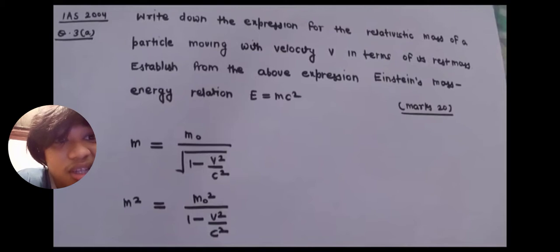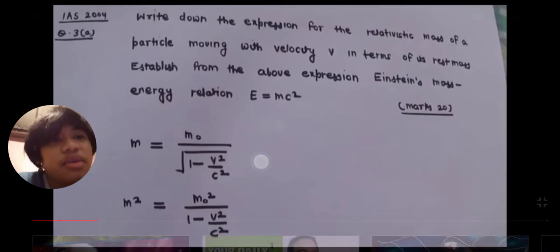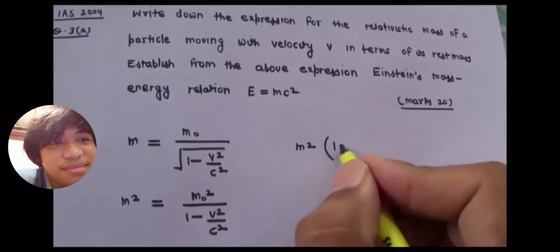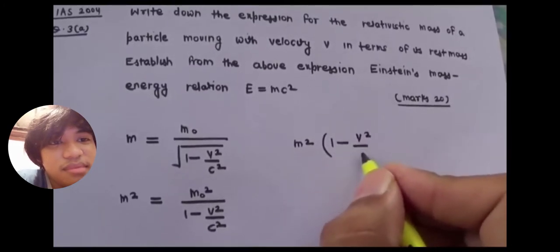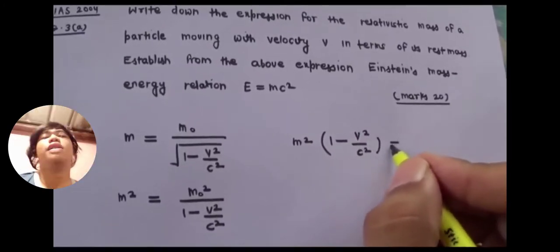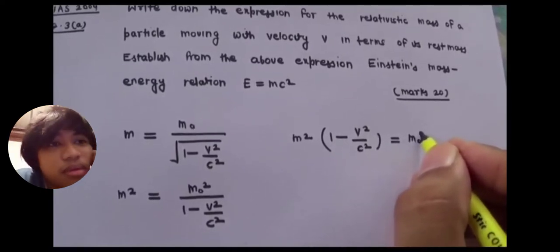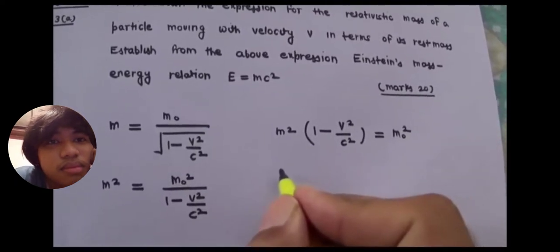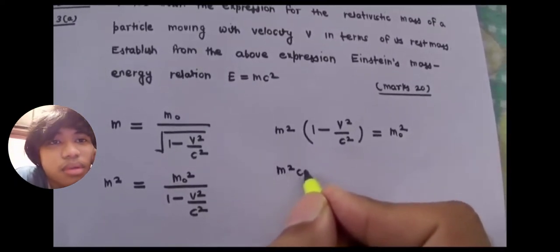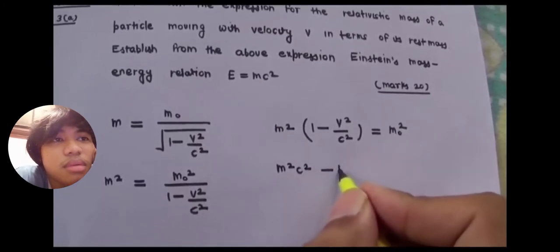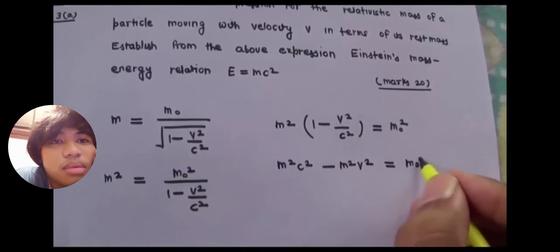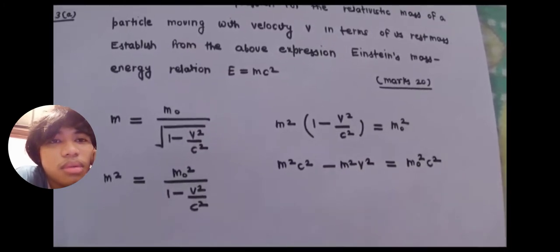It can be written as m square into 1 minus v square upon c square is equal to m0 square, or m square c square minus m square v square is equal to m0 square c square.